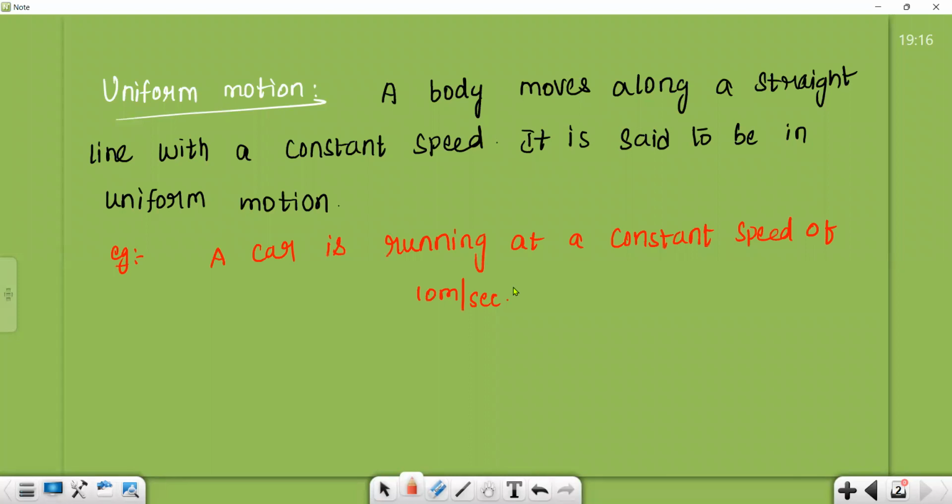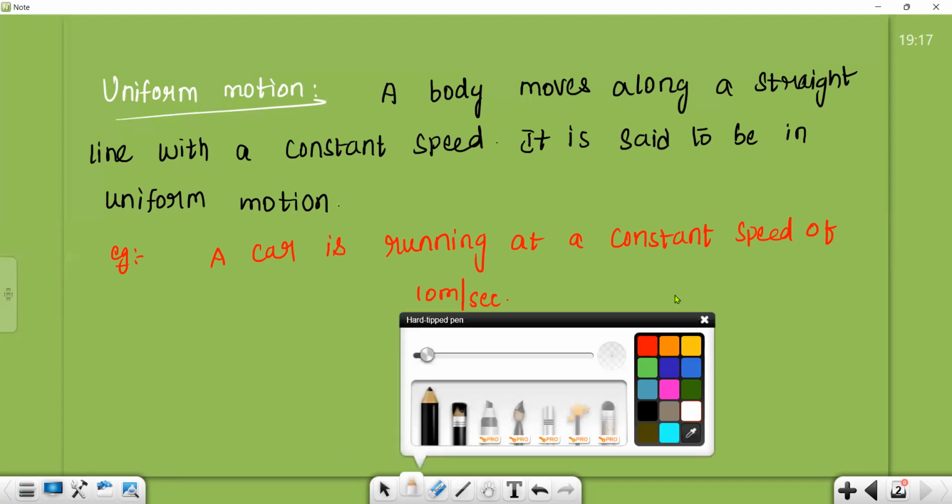Suppose the car travels 10 meters in 1 second, and in the next second it travels 20 meters, and then it slows down to 5. So the car is going slow and then fast. So it means it is not maintaining its speed constant. Then that kind of motion is said to be non-uniform motion. Did you get it?